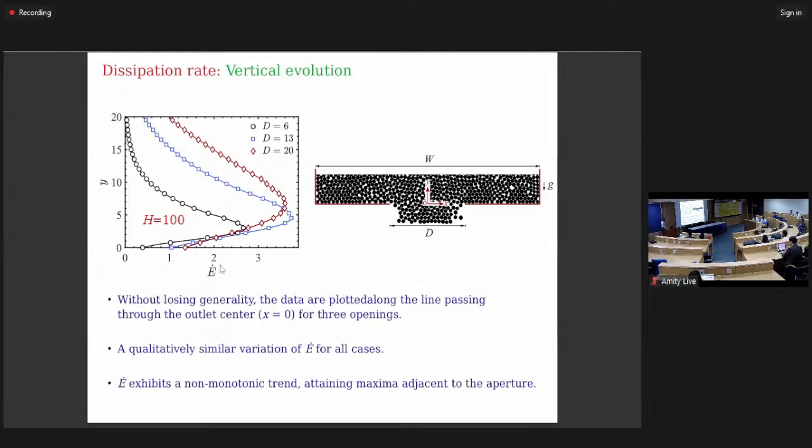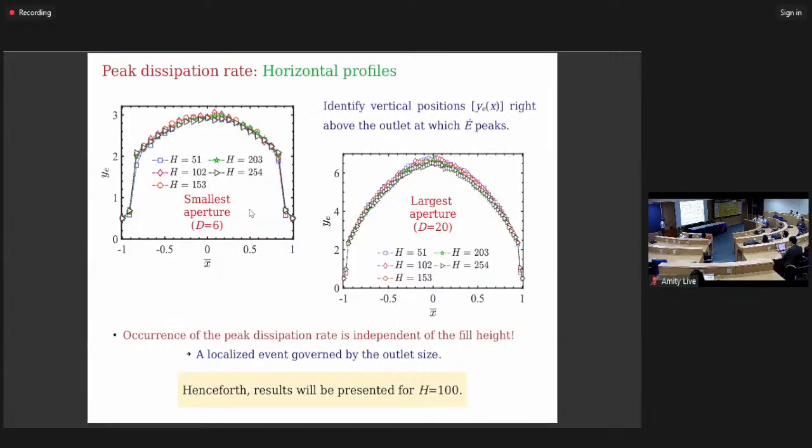For all cases, it increases and then starts to decrease. This location where the energy dissipation peaks, we will collate along the outlet and along the central zone, which encompasses this outlet, and let us plot that here.